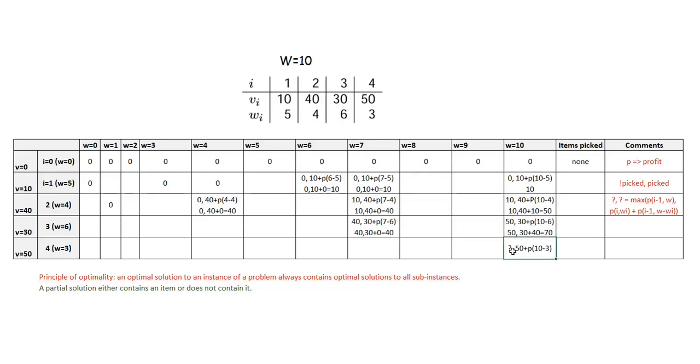Now the final one is this particular cell. So we replace question mark with 70 and resolve this one. 70 or 50 plus P7. P7 is this one, which is 40. So our final answer is 90.